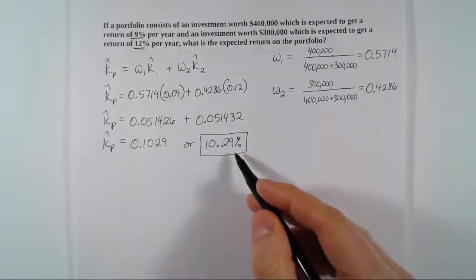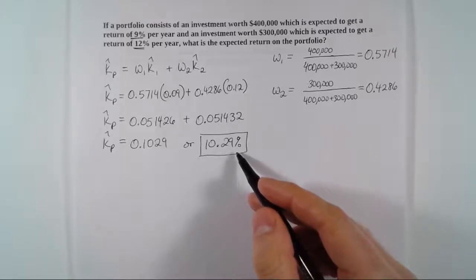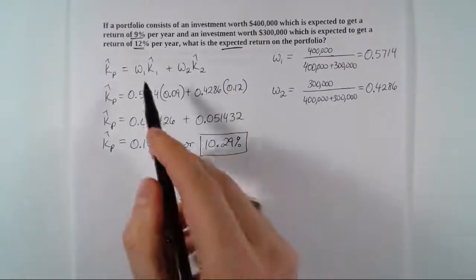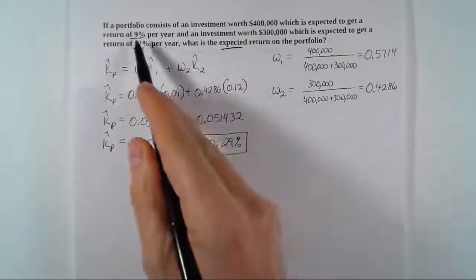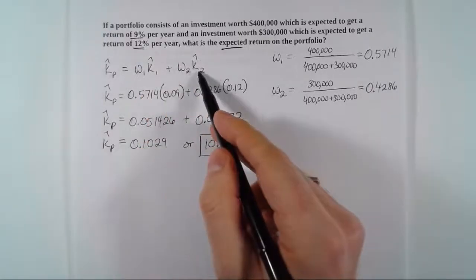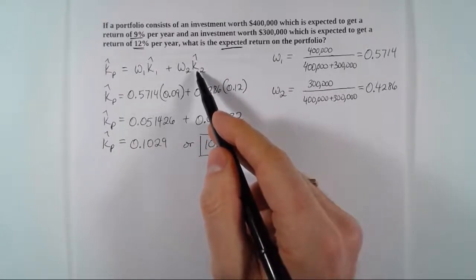Now, importantly, that does not mean that I will actually get 10.29%. This just means what we expect to get on this portfolio. Significantly, this 9%, which is K1 for that first investment, that's what we expect the first investment to get. And this 12%, which is representing K2 or K hat 2, that is what we expect the second investment to get.